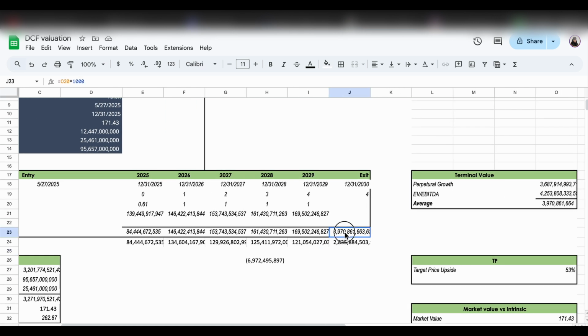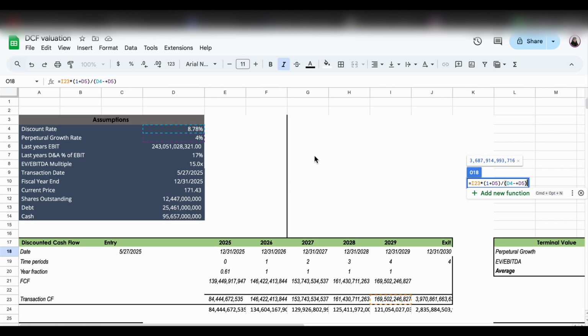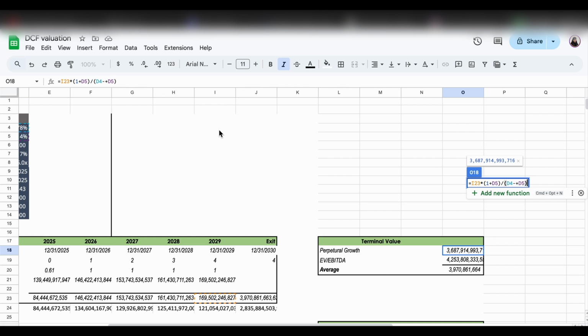The next step would be to calculate the terminal value. As you can see, for calculating the terminal value is here. You can see the formula for calculating the terminal value. It's the average between the perpetual growth and enterprise value to EBITDA. So the formula is over here. You can examine this formula very carefully.